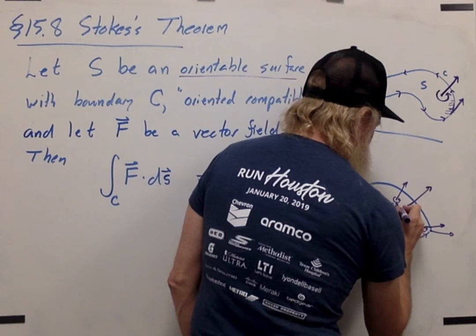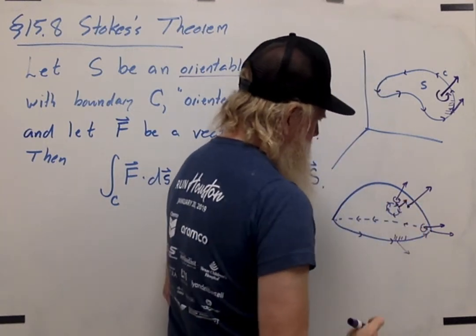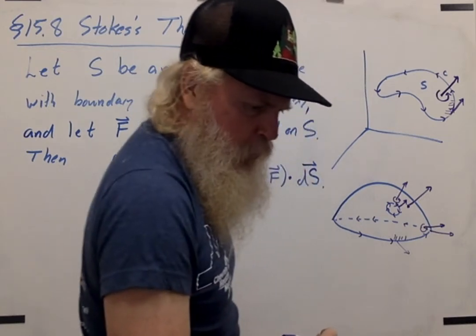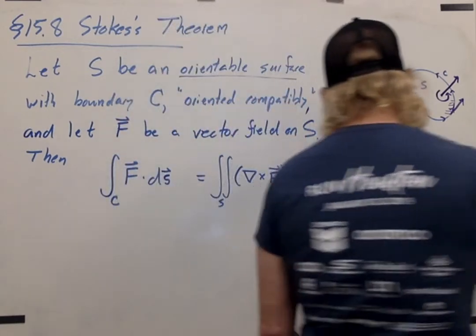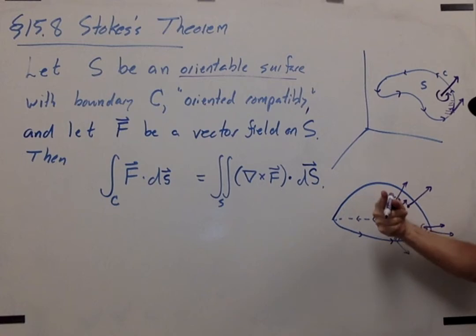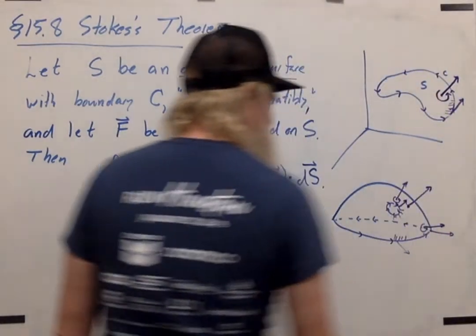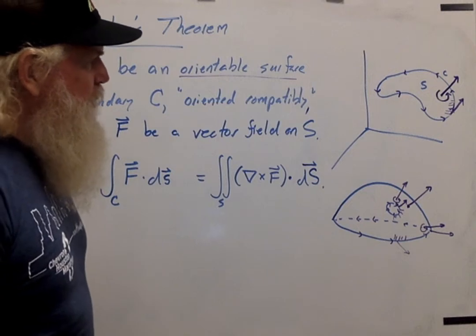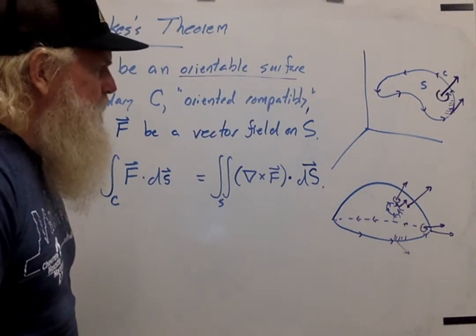Whereas if you're standing at a point here, and you want to orient that region so that the boundary stays on your left, you're actually going to have to walk around in this direction, because your head would be pointing out this way, and the surface would be over on your left side. So either of those two ways you can think about the way to orient the boundary curve.